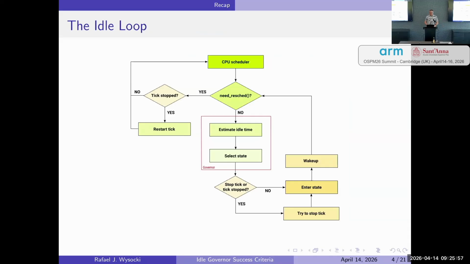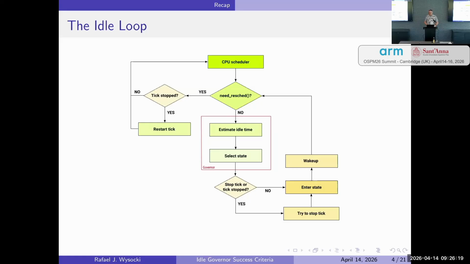So for this purpose, there is this piece of code called the idle loop in the kernel. It roughly follows the diagram in the slide. It is more complicated. There are details and corner cases that are not covered by it, so it's just a rough approximation of what happens.